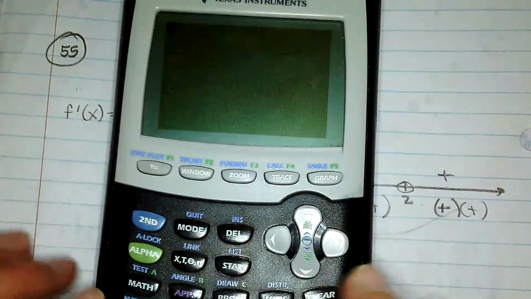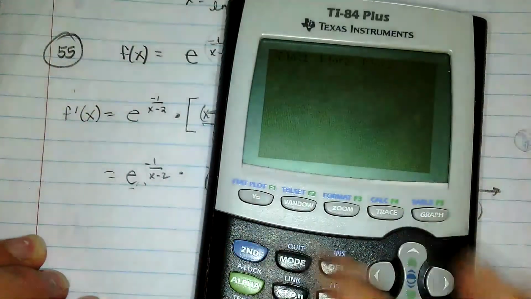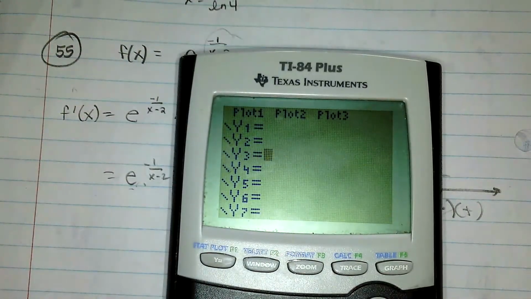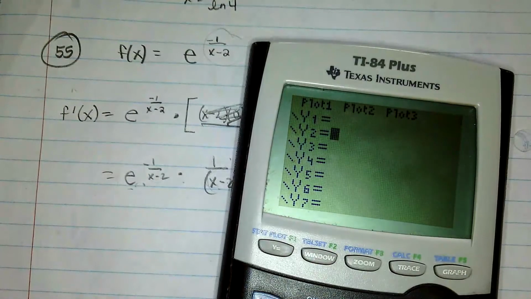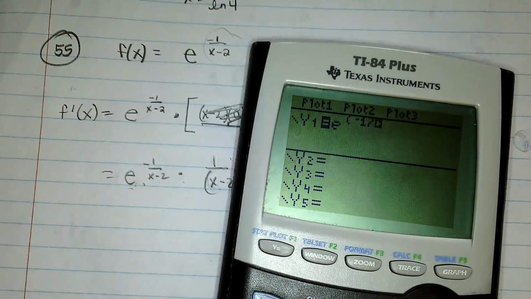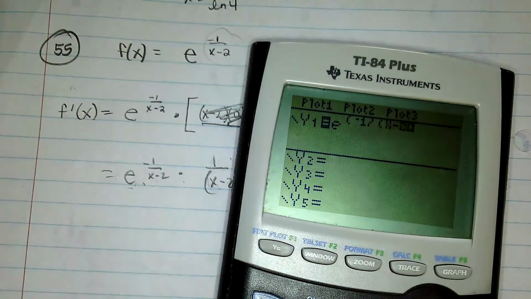And we're going to use a graph to confirm our answers. So clear that guy out, and we're going to do e to the negative 1 divided by x minus 2.